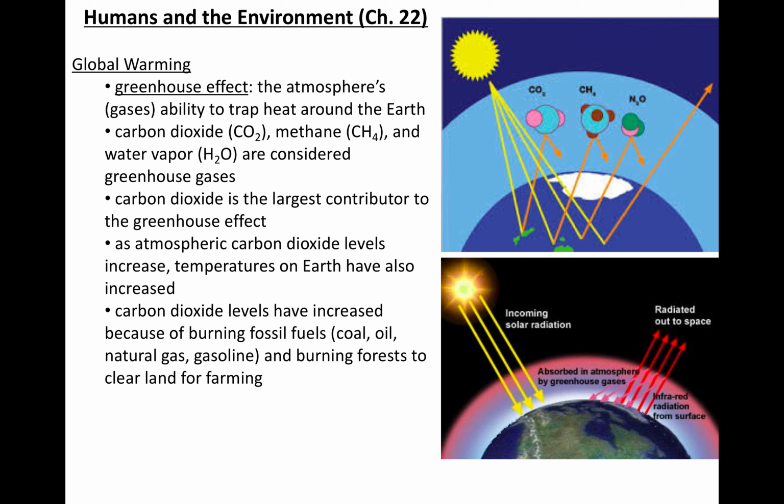So now the heat gets trapped in that area. By the way, there are other gases that trap heat too, but the biggest contributor is CO2. Water is a naturally occurring thing, and water is in the air already, and water vapor is considered what's called a greenhouse gas. So CO2, water, methane, and there are other things also that are greenhouse gases.